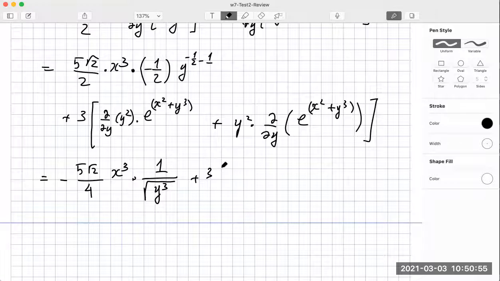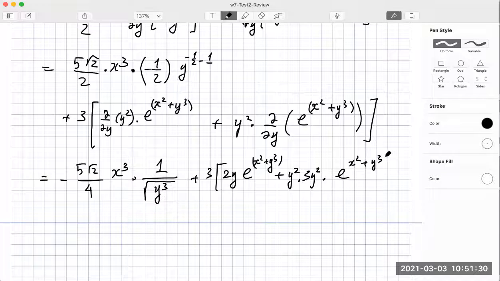Again, here the derivative of this will be 2y e to the x squared plus y cubed. This guy will be y squared, and the partial derivative of this guy with respect to y, again, we use the chain rule. We take the partial derivative with respect to y of the power here, which will give us 3y squared, times e to the x squared plus y cubed.